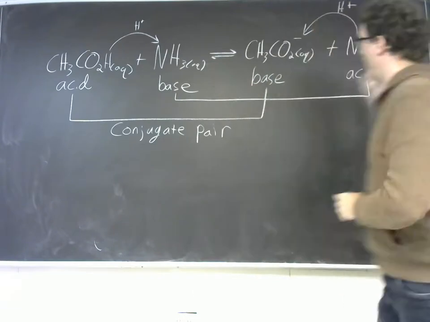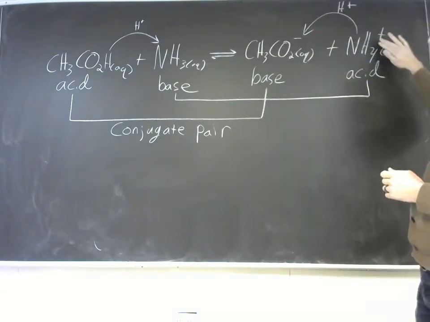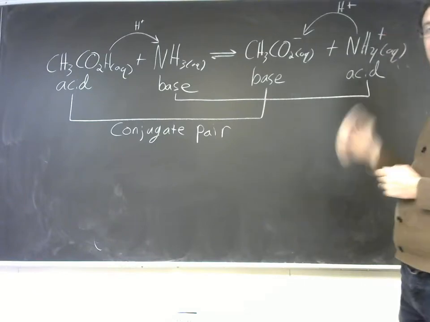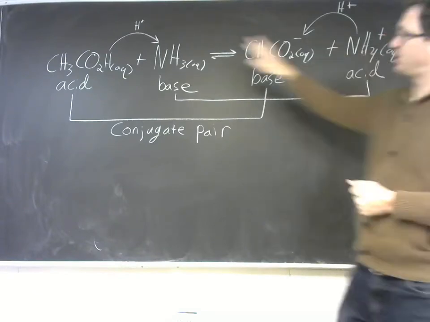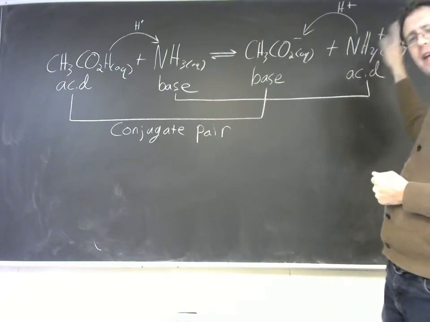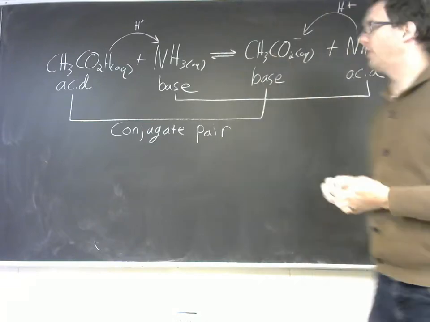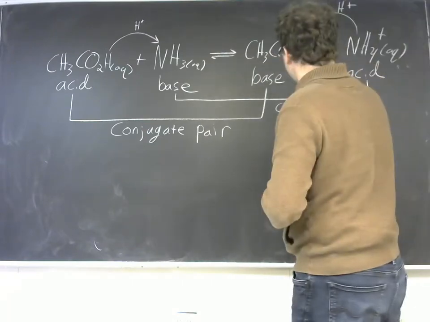And then likewise, ammonia and ammonium are linked. They differ only in one H+. So NH3, when you add H+, becomes NH4+. NH4+, when you remove H+, becomes NH3. And so they are also a conjugate pair.